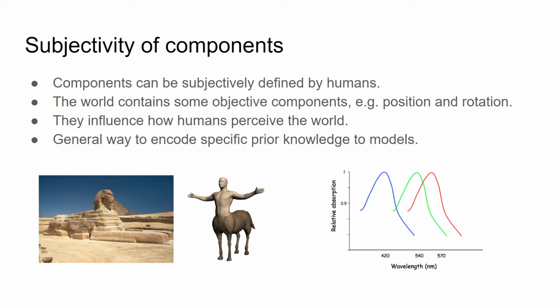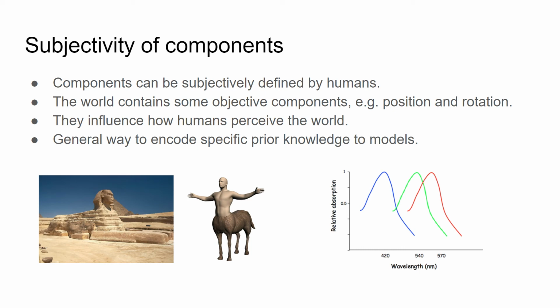This means if an animal or a machine has four types of proteins, then they may have four primary colors. The primary colors are not completely subjective and not completely objective. It depends on the biological mechanism of humans. These are the examples of subjectivity of components.